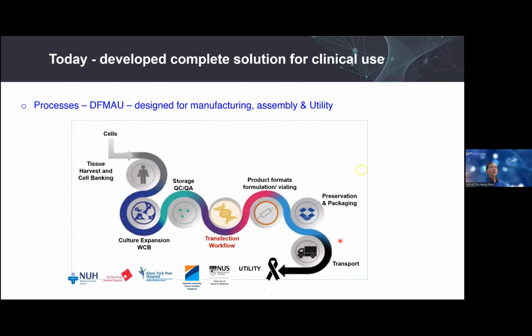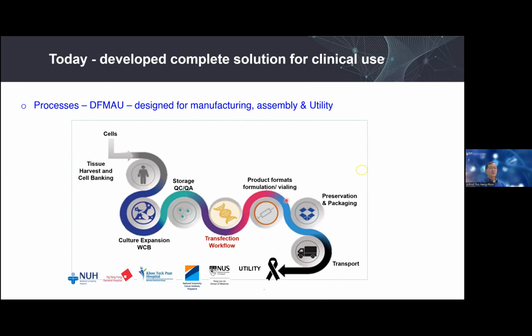All right, so what do we have today as a whole is this. We can actually take MSC cells. We can actually harvest our own, which I haven't shown you the data for. We have done that successfully, but it's not GMP, so we don't use those. We work with third parties to take third parties' GMP cells, and we can go through the whole process.